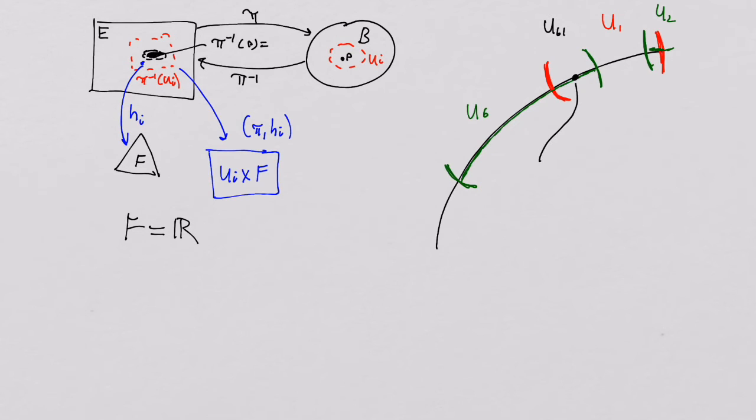This thing through pi inverse of P, say we'll call that point P. Notice point P, by the way we're defining it, lives in the base space, and this is going to be our base space, S1. So pi inverse of P is the tangent space at P, right? But we have to decide which way we are going to project it. Are we going to project it using U1 or U6?